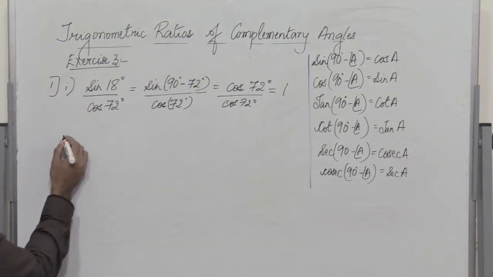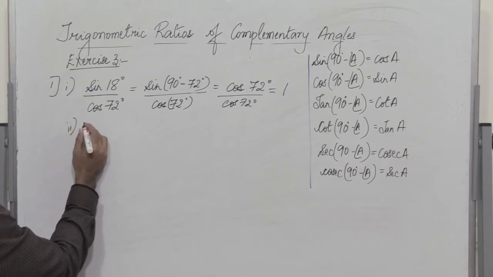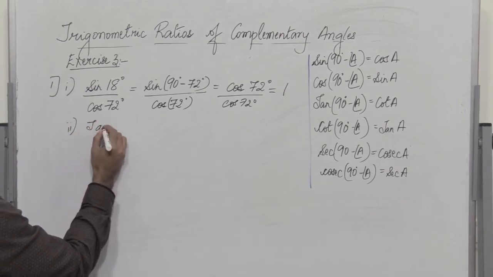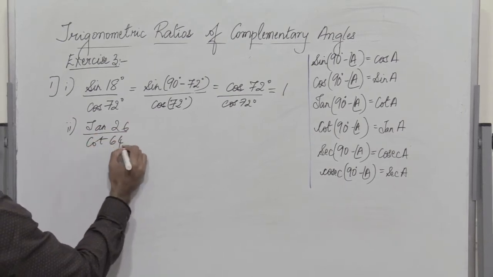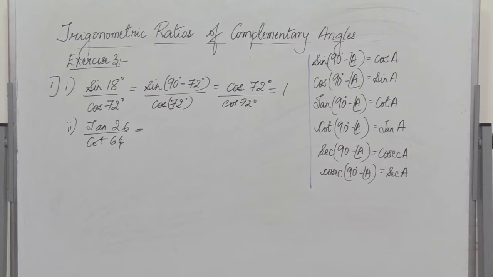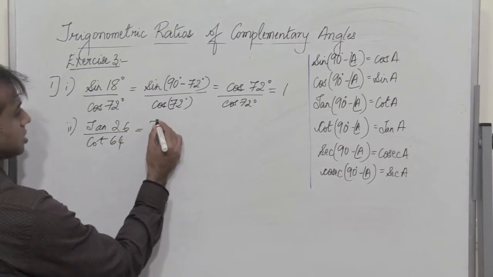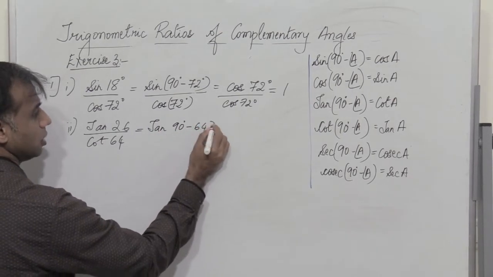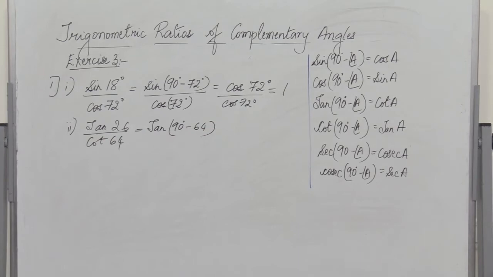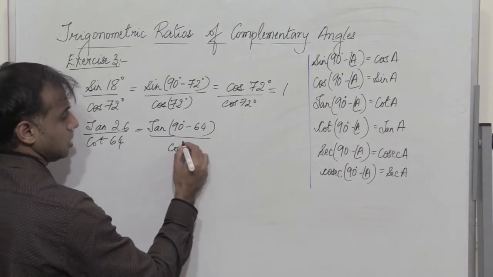The next one we have is tan 26 divided by cot 64. Again you observe that 26 plus 64 is 90 degrees. So I can write this as tan of 90 minus 64, which is 26, divided by cot 64.